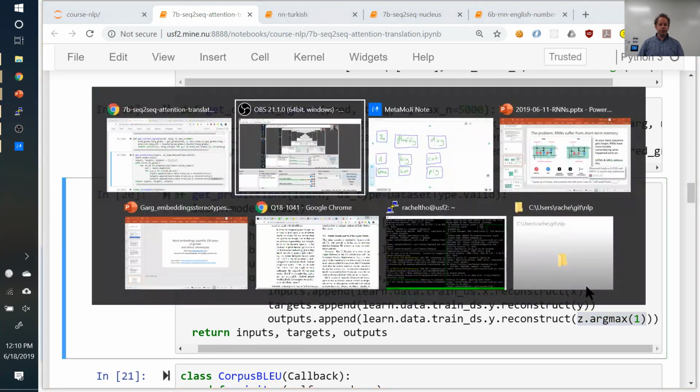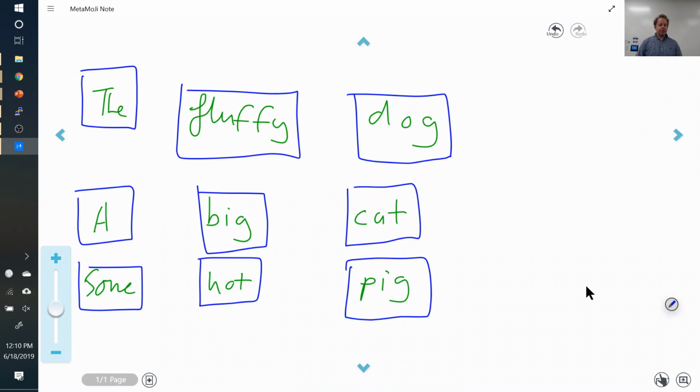To give you a sense of why, imagine that you've got a translation model, and the top 3 choices are all pretty similar probabilities, and it could be the or at or some. And then the second word, it gives you back 3 possibilities, all about equal, could be fluffy or big or hot. And then the third, all about equal, could be dog or cat or pig.